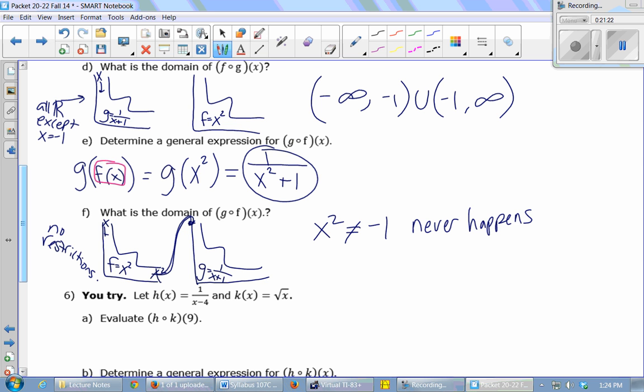So I don't have to ever worry about getting a -1 out of the F machine. You can't ever get a -1 out, so I'll never jam the G machine. So my domain is actually all real numbers. I can plug any number I want into the composition, but because it goes into F first, and F will square it, ensuring that I never jam the G machine. All right, you try.